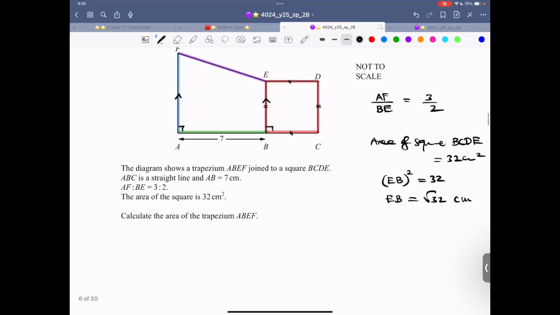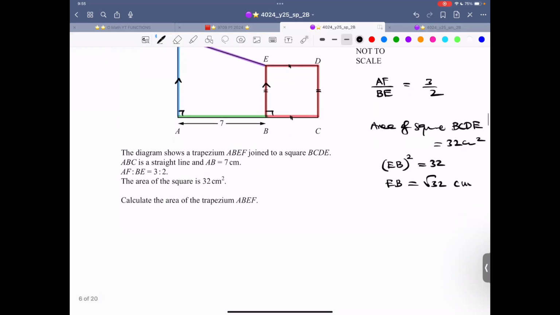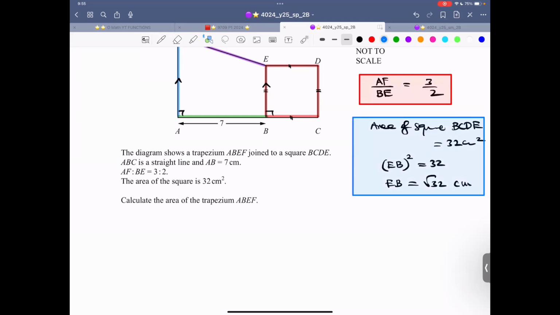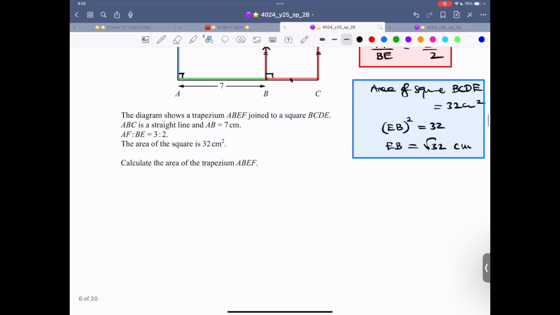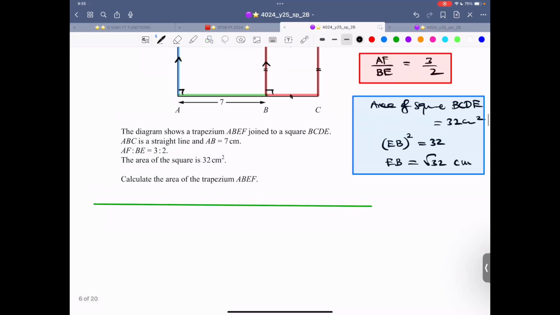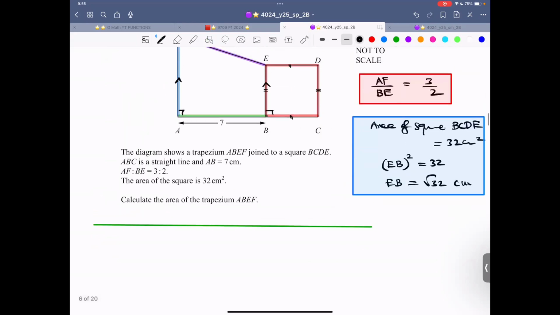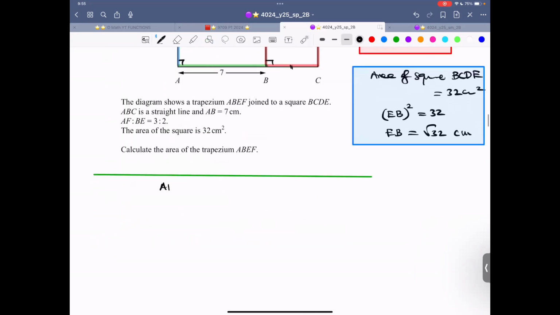Calculate the area of the trapezium. Now I need AF. So this is the first piece of information that I have. This is the second piece of information that I used. Got it? And now the third piece of information, I use it over here. That is AF to BE, that is 3 is to 2.